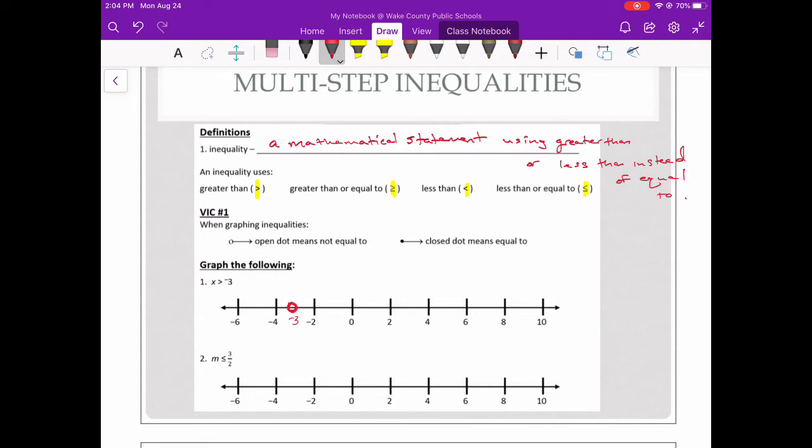But then all the numbers that are bigger than -3 are to the right on this number line. So I'm going to shade all of this, and then I'm going to put an arrow right here at the end indicating that it's going to keep going. And that says every single number in red, all of these are part of my solution set.